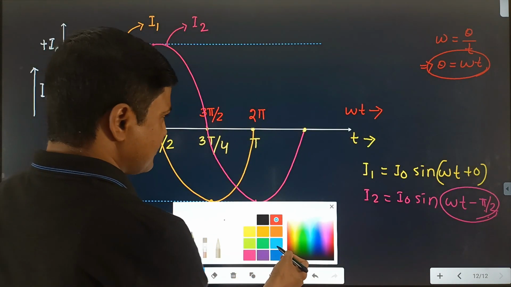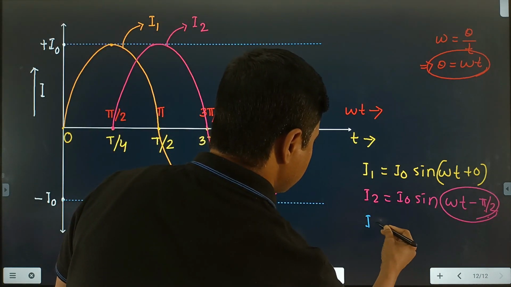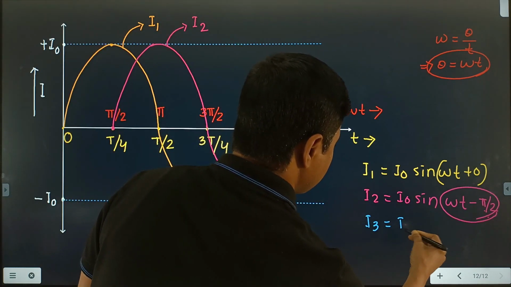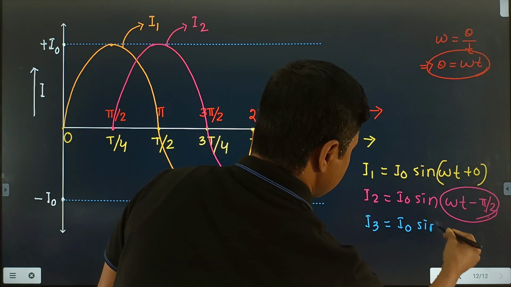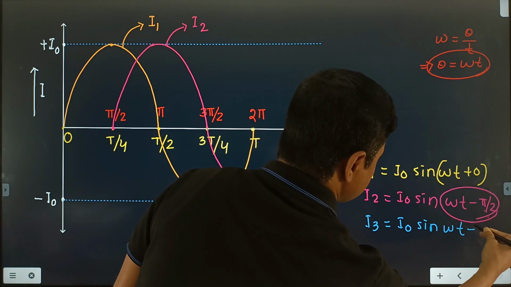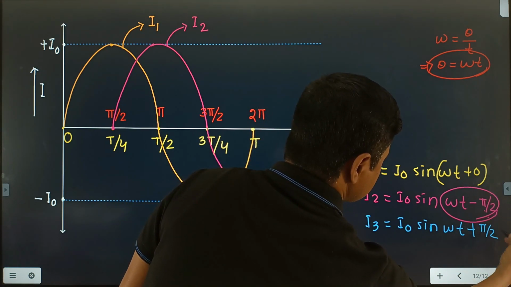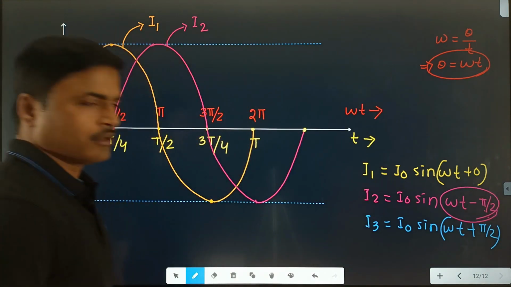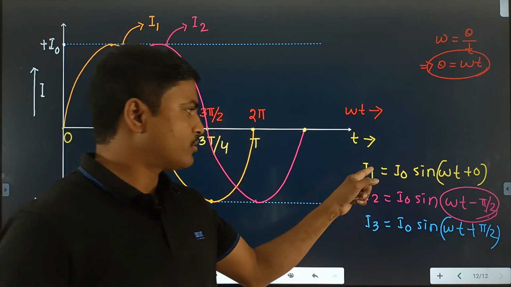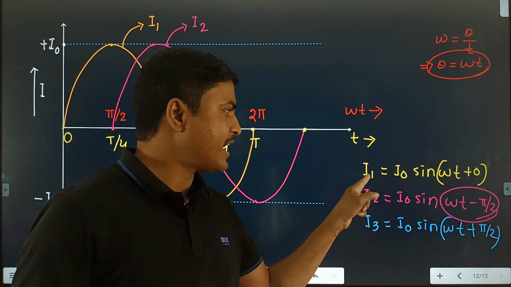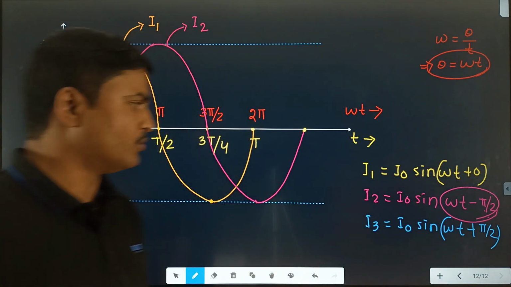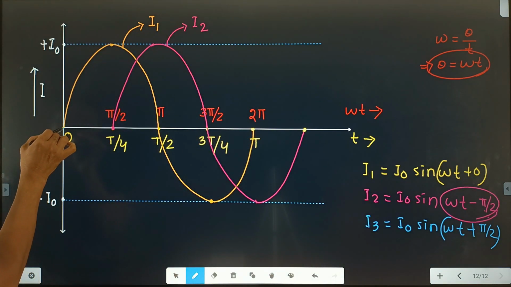We write here for I3, the equation I3 is equal to I0 sin omega t plus pi by 2. If we compare I1 and I3, the initial phase of I1 is 0, that means this point.